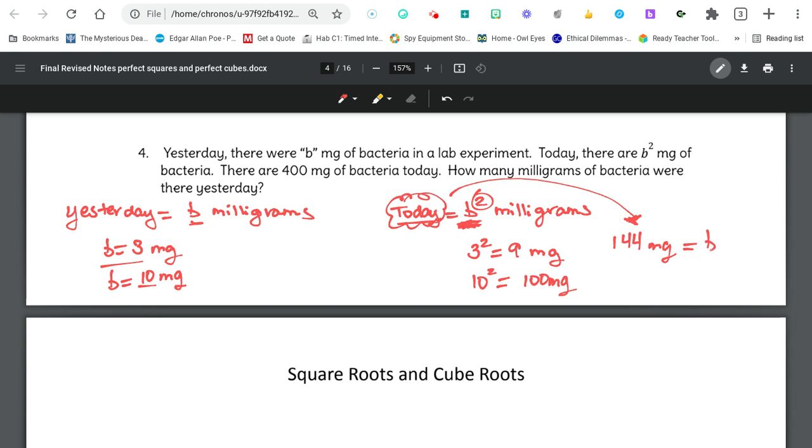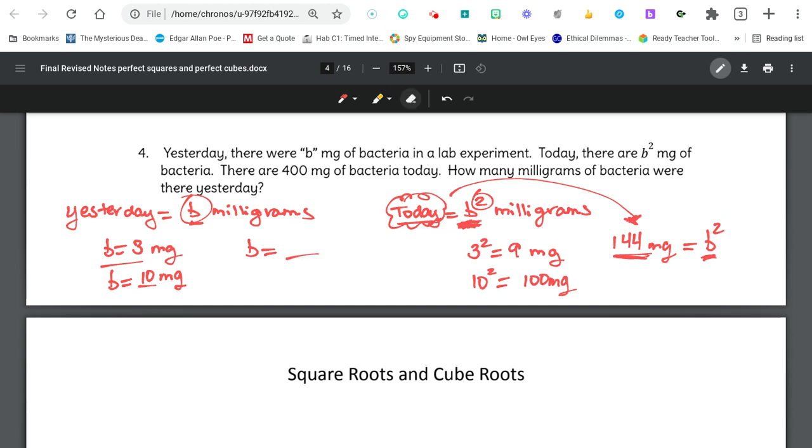So 144 represents the square of b. So if I want to figure out how many there were yesterday, I need to go from the square back to just b. In other words, I want to go from b squared, which represents 144, back to just b, which is how many there were yesterday.